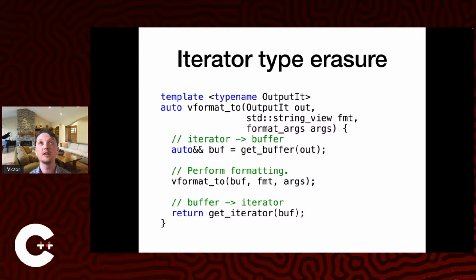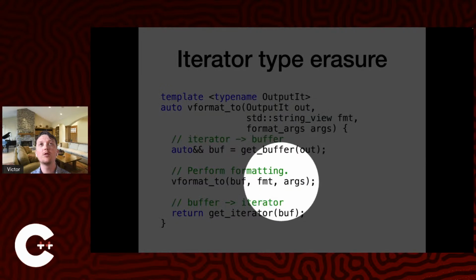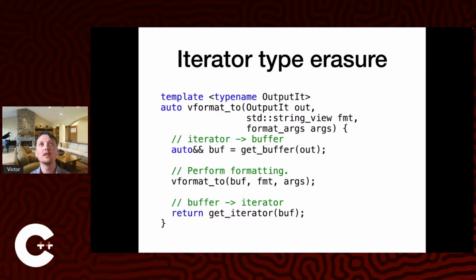We perform the formatting on this buffer. This version of bformat2 is actually type erased. It operates on this type erased buffer. And then we get back the iterator and return it. And again, this version of bformat2 can be inlined, and so you don't have code bloat.